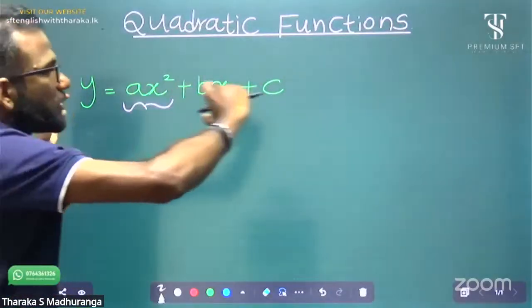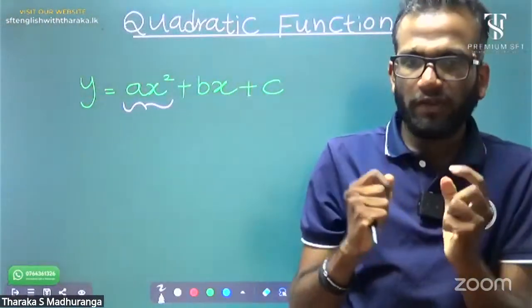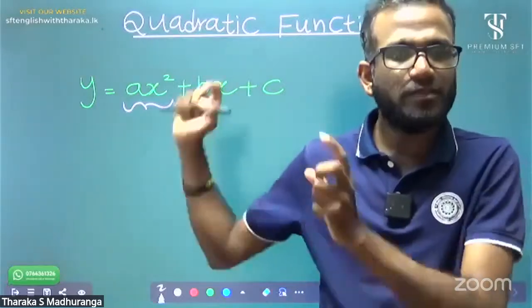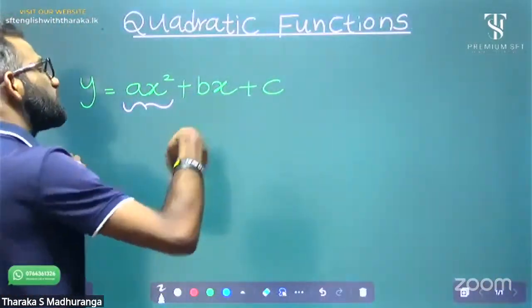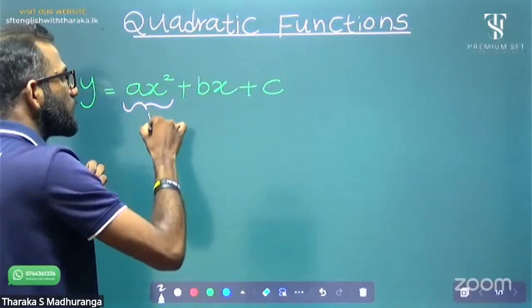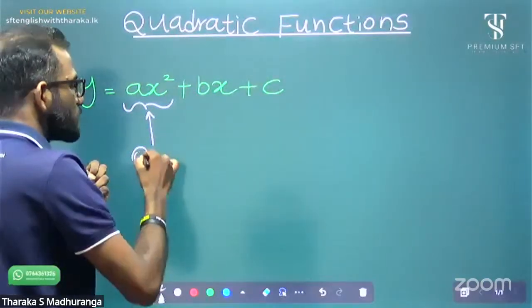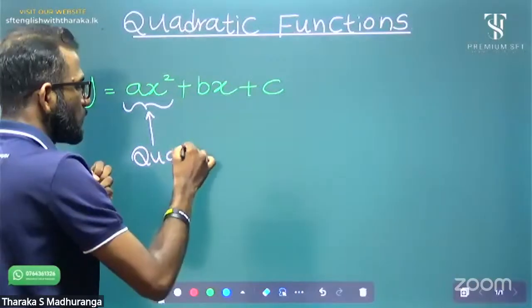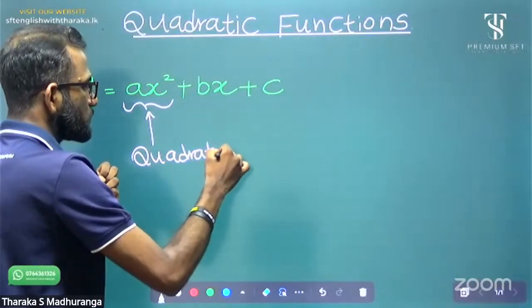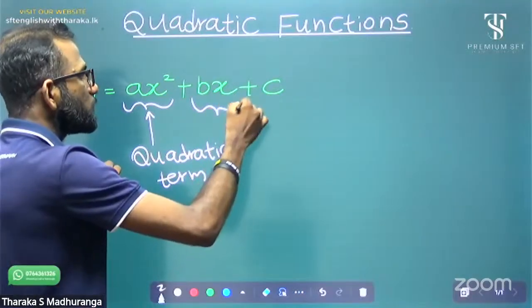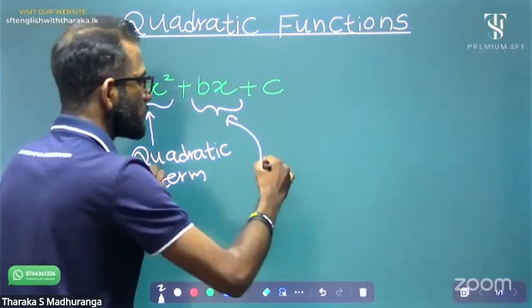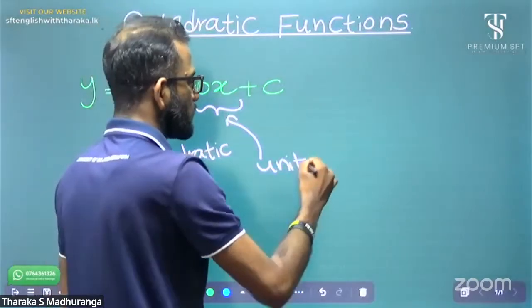Okay, this is a common equation. What is a common equation? Y equals ax squared plus bx plus c. In this equation, the ax squared we call a quadratic term. The bx term we call the unit term.